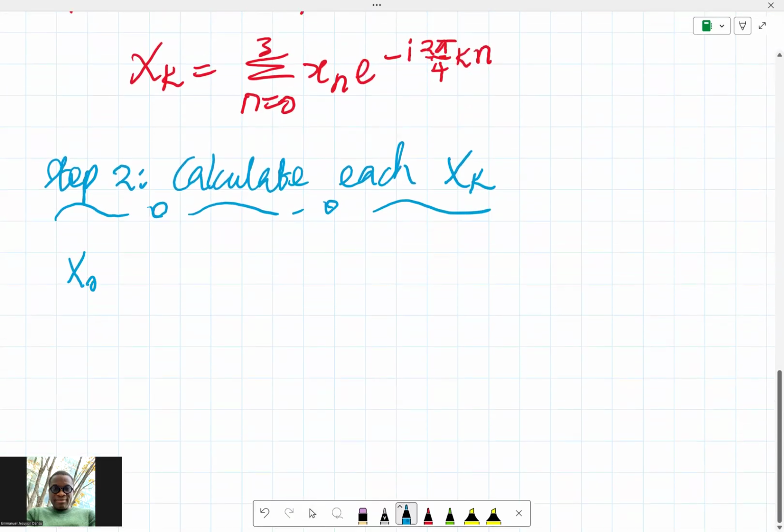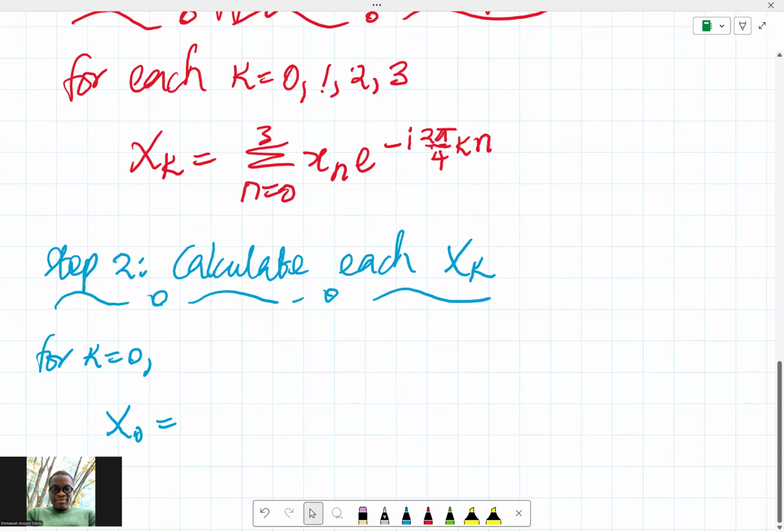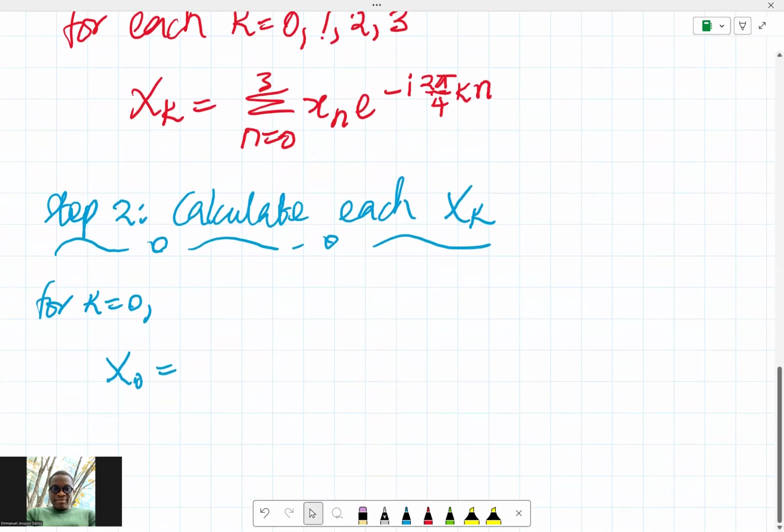For X naught, that's when k is equal to 0. Let me just say for k equals 0, it means we have X naught equals, so because k is 0 here, let's see what happens there. You can see k is 0 here, 0 times everything. So that's e raised to the power 0.